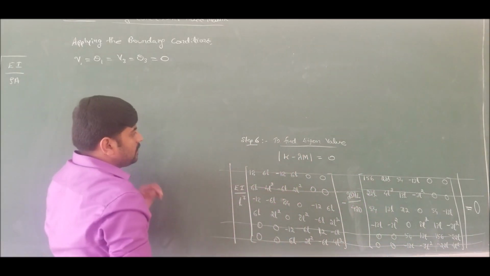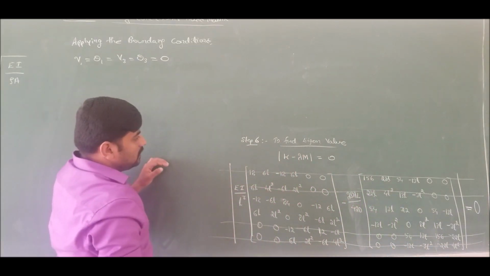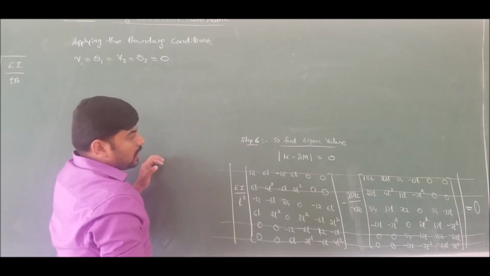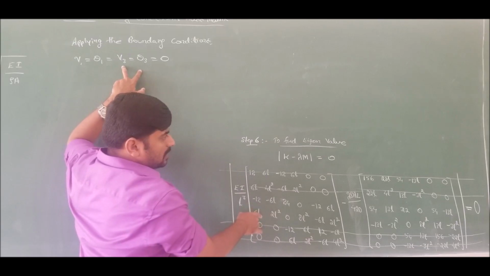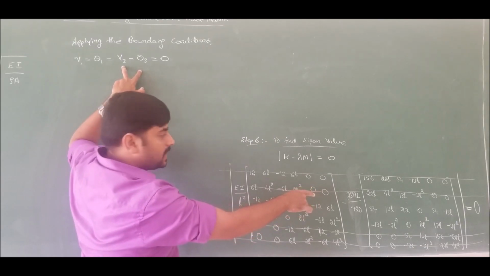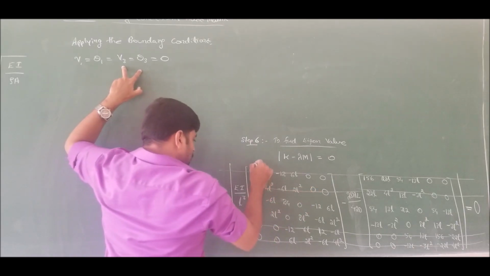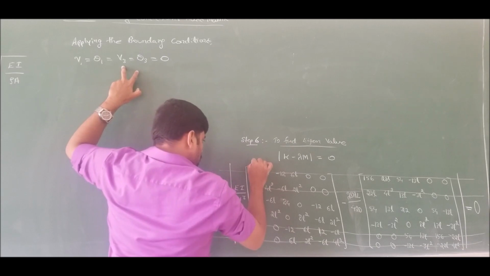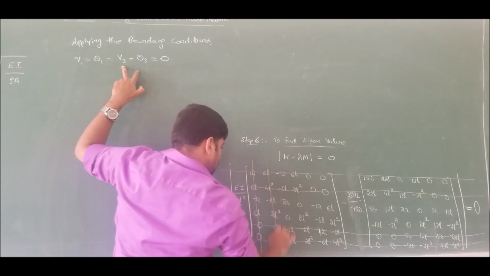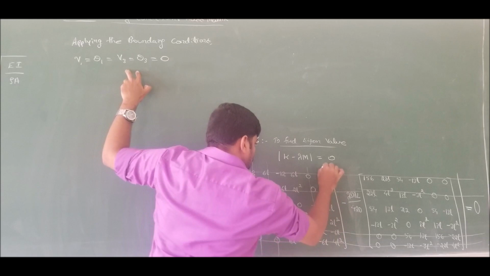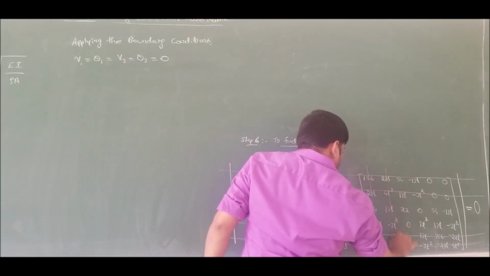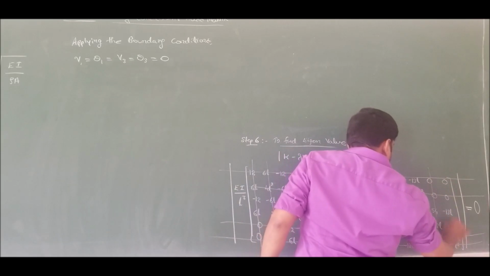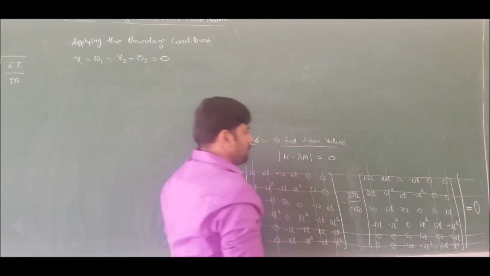Similarly, I should eliminate rows and columns with respect to V1, theta 1, V3, theta 3 in both the global stiffness matrix and global mass matrix. Eliminating first column, second column, fifth column and sixth column, in the mass matrix also.